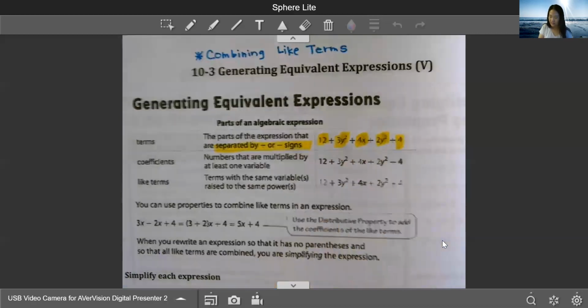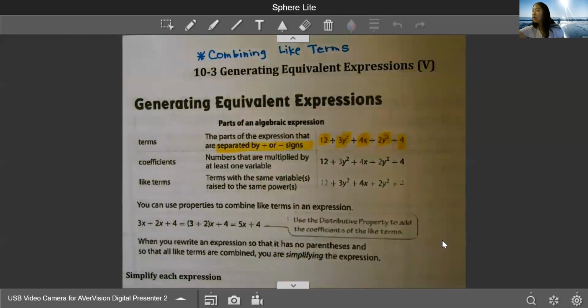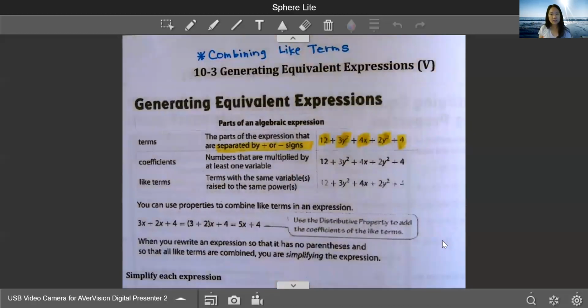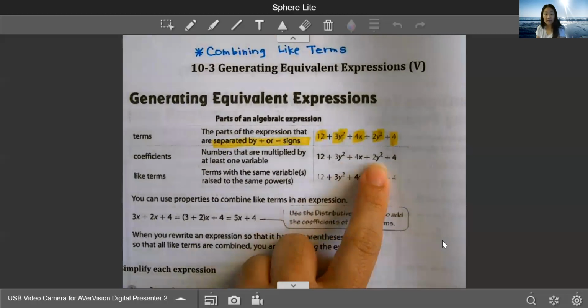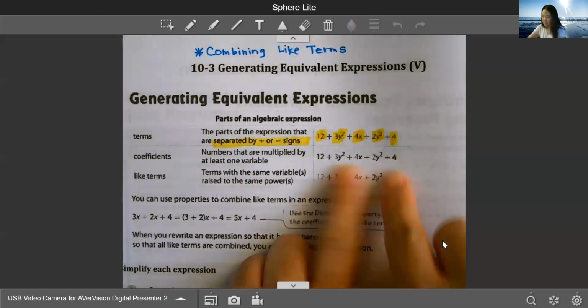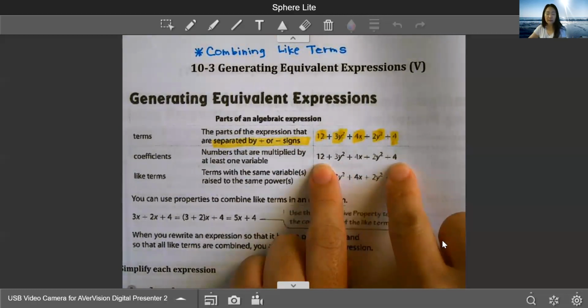Okay, all right, the next thing that I want to cover is the coefficient. We already talked about what a coefficient is. A coefficient is the number that's being multiplied by a variable. Okay, so in here, there are only 3 terms that have a coefficient because these two don't have a variable attached.